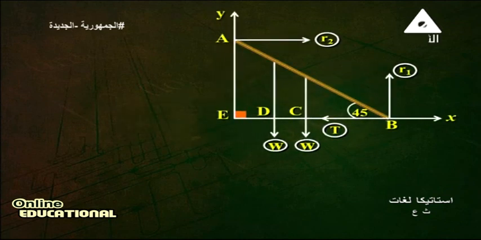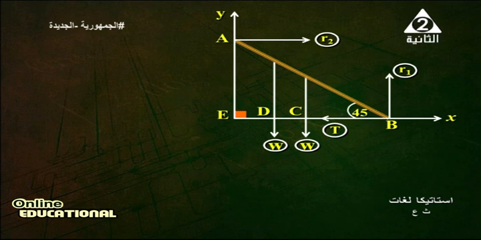Look at, my dear student, we have AB a ladder inclined at 45 degrees with the horizontal axis. We know that R2 is perpendicular to the wall, a smooth wall, and R1 is perpendicular to the horizontal x-axis.